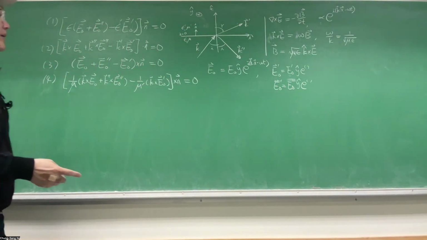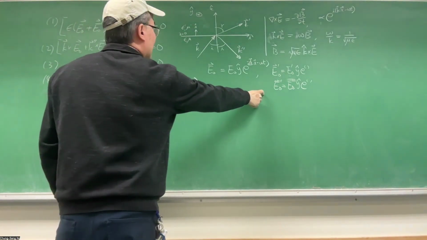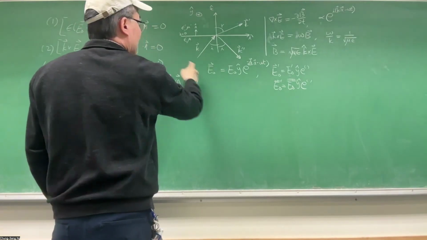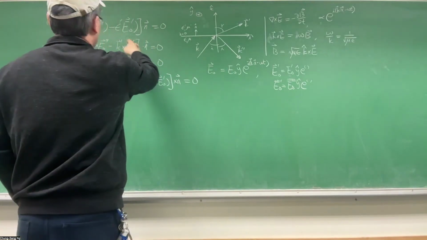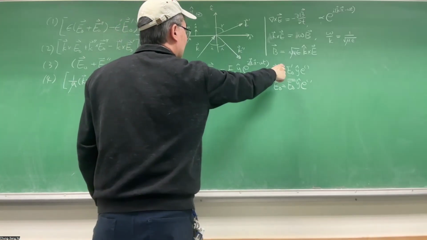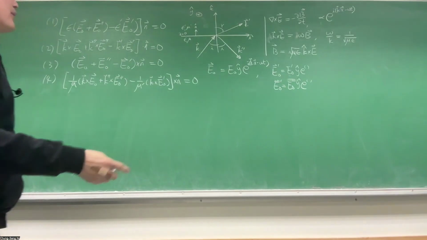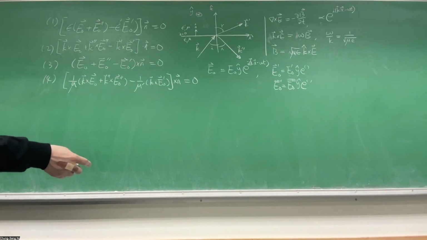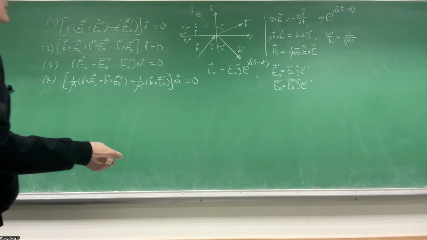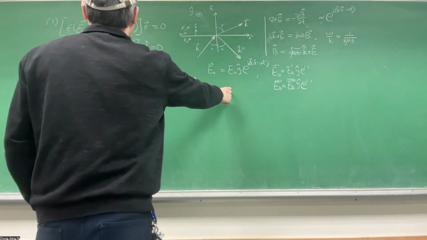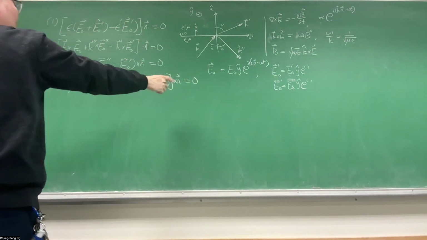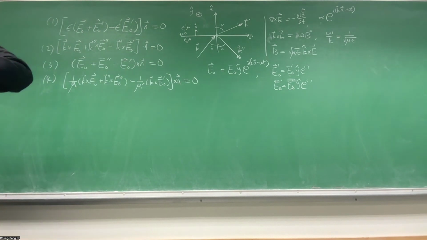Okay, so this will allow us to simplify this into, instead of a vector equation, a relationship between all these scalar magnitudes. Now we just want to substitute all these into here. They need to satisfy all four equations, but they're not independent. We'll basically finally get two equations out of it.